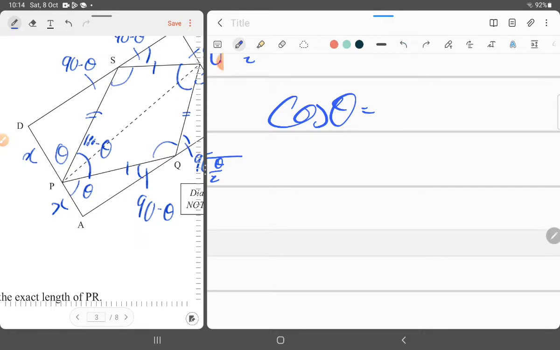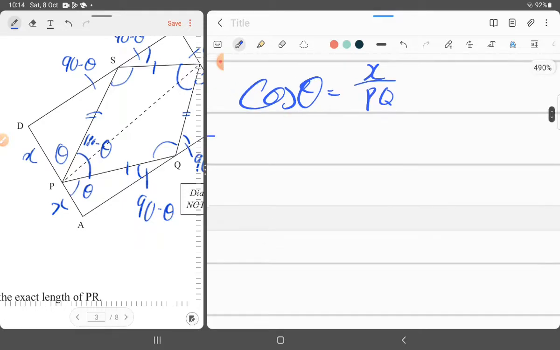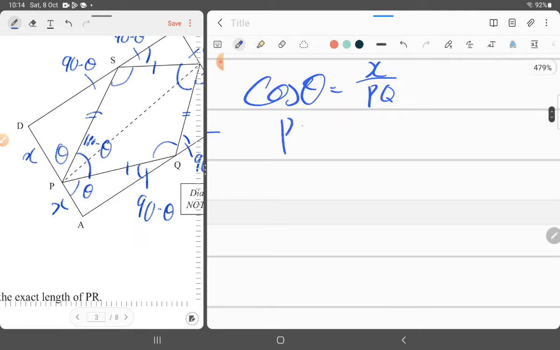So x over PQ. So PQ is equal to x over cosine theta.